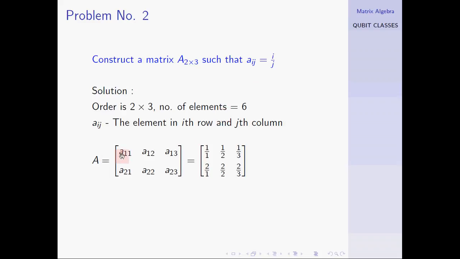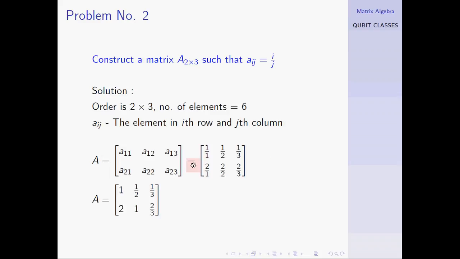So a11 will be 1 upon 1, a12 will be 1 upon 2, a13 will be 1 upon 3, a21 will be 2 by 1 and so on. So we are dividing the row number by the column number of that element.